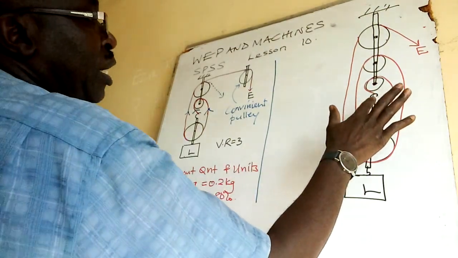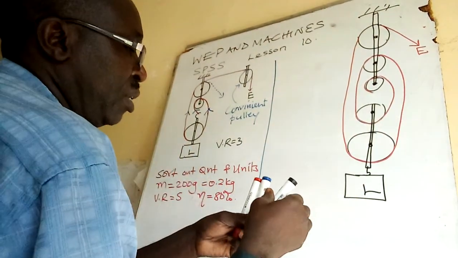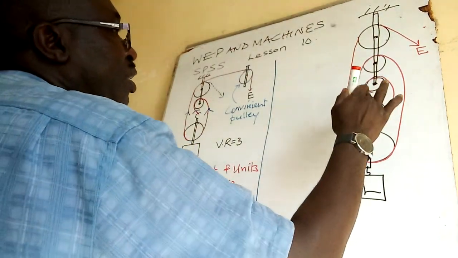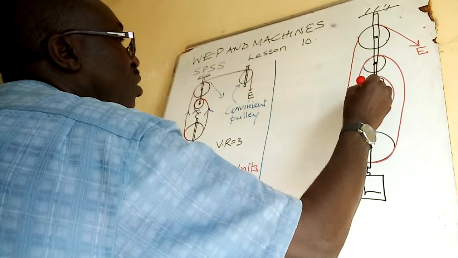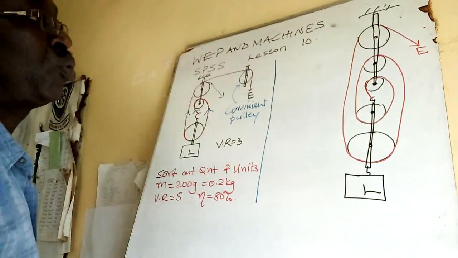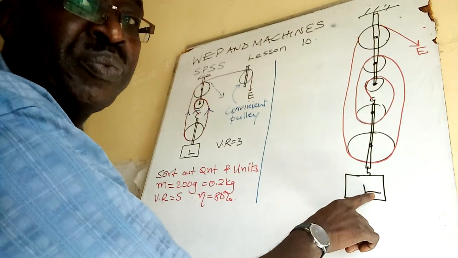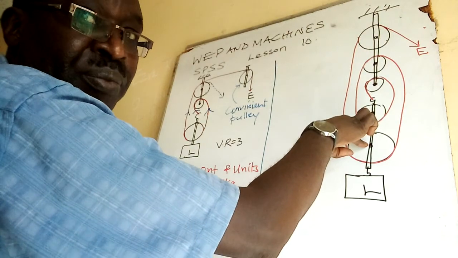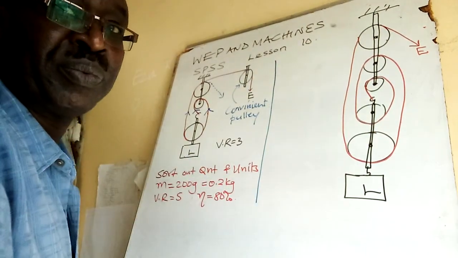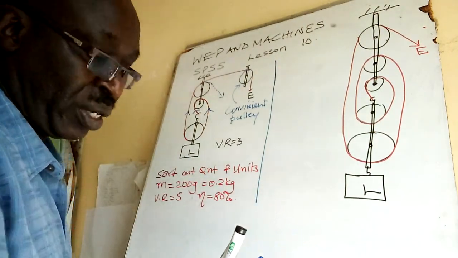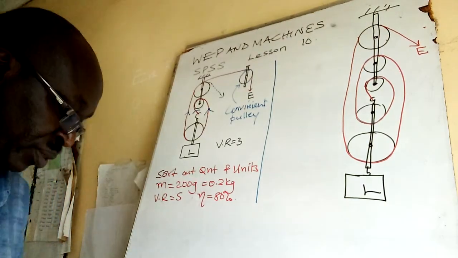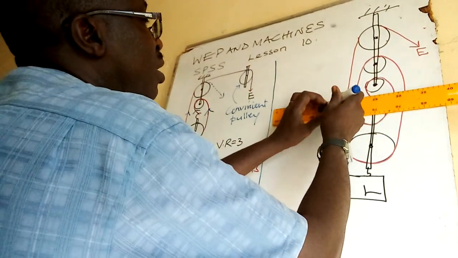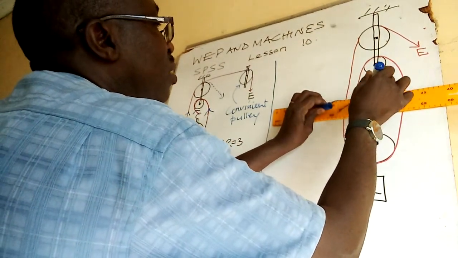Let me again do something small here so that I have enough space for this hooking there. If you look, this load is being pulled by this pulley and that pulley. So the tension, if I want you to get it well, the tension I talk about is here.